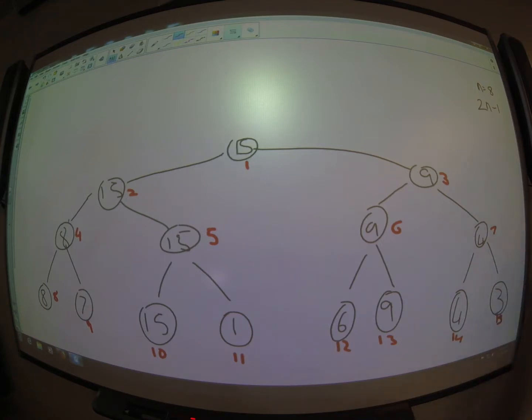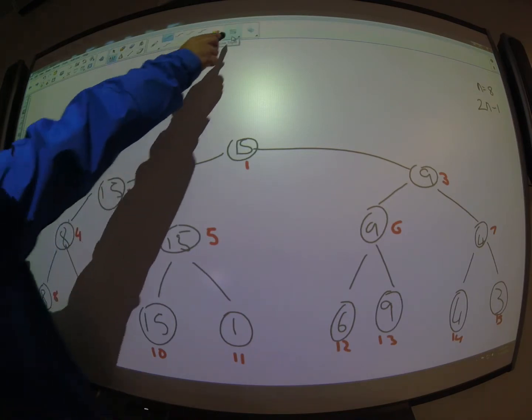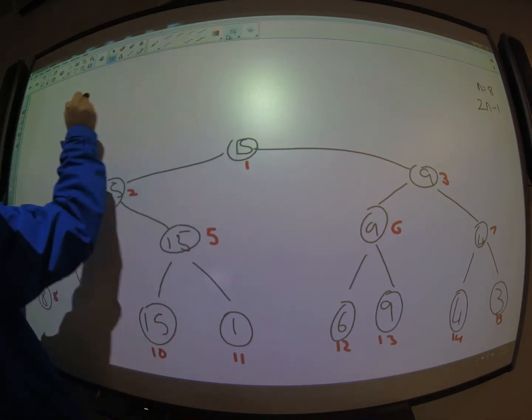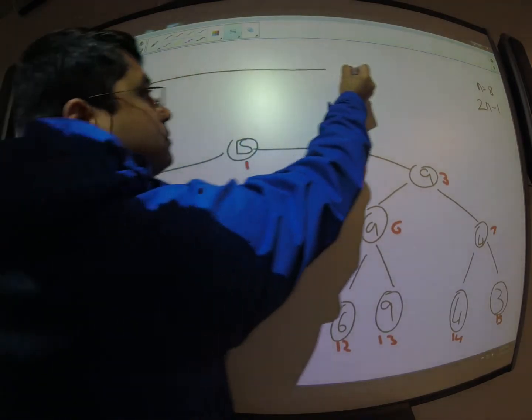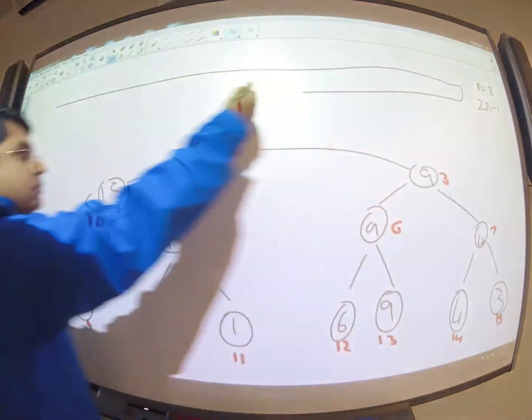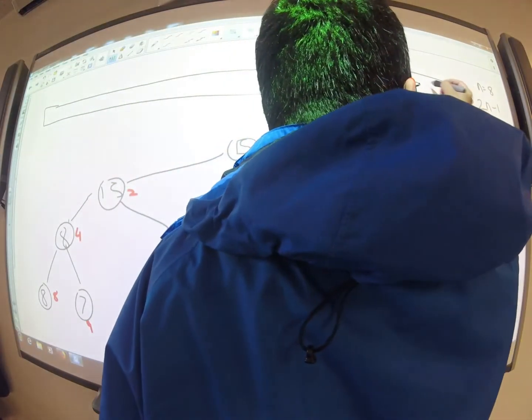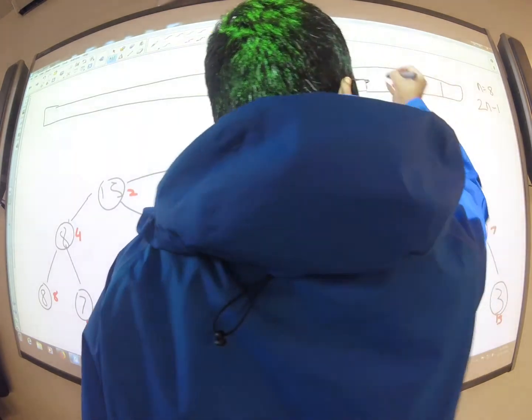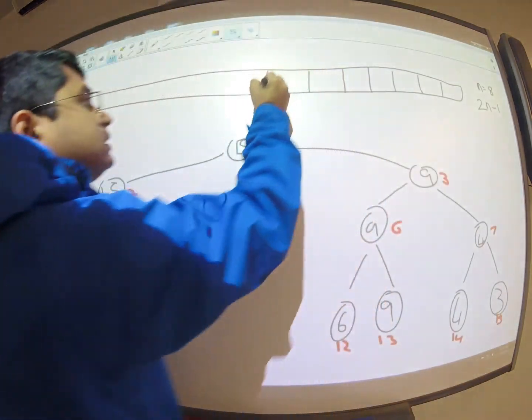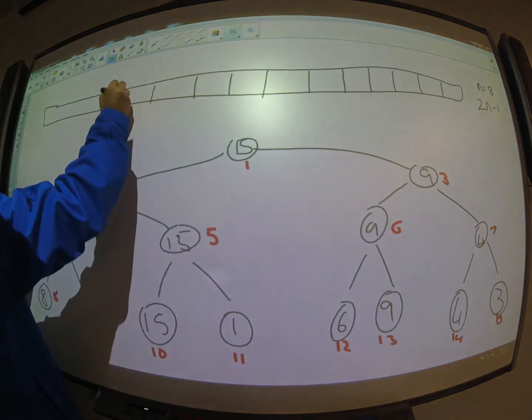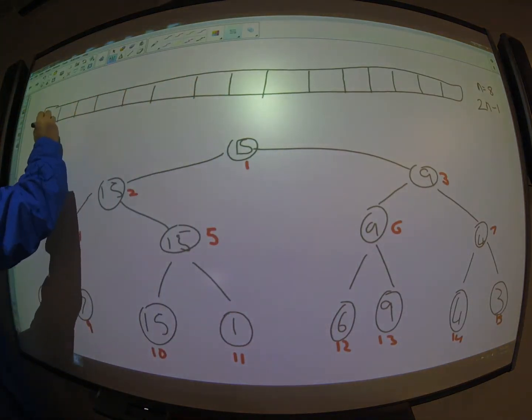So, in order to save this data structure, why don't I just assume I will need an array of size 2n minus 1? So, let me build an array over here. 1, 2, 3, 4, 5, 6, 7, 8, 9, 10, 11, 12, 13, 14, 15.